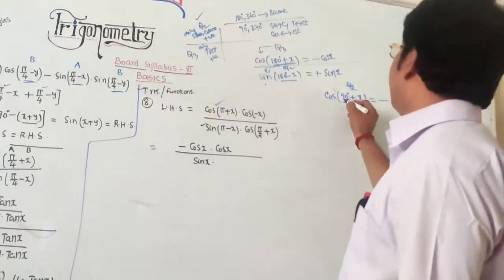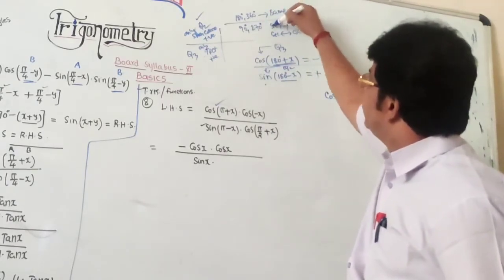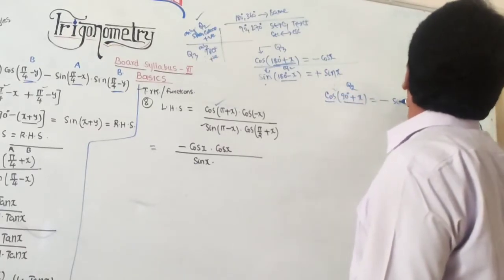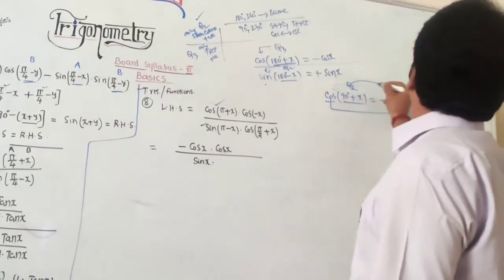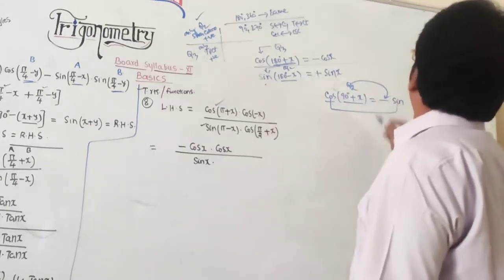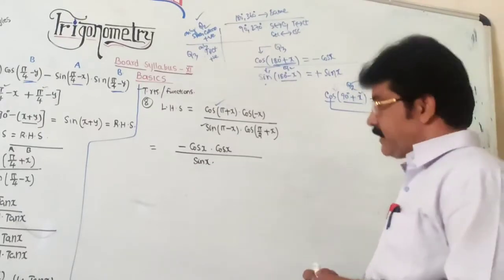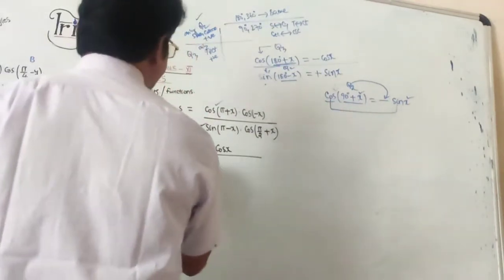Next, 90 and 270 are there, changing like that: sine to cos, cos to sine. Cos is there, so it is sine. Cos changing as sine. For this quadrant, minus, same x. Same to same. Minus sin x. So its value is minus sin x.